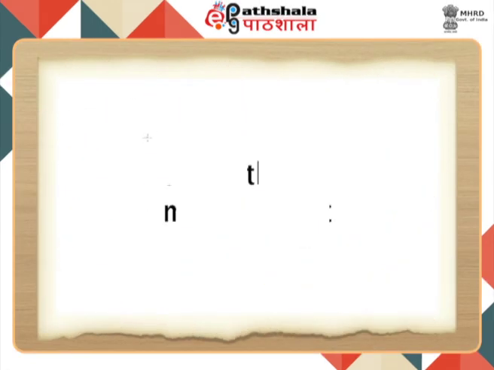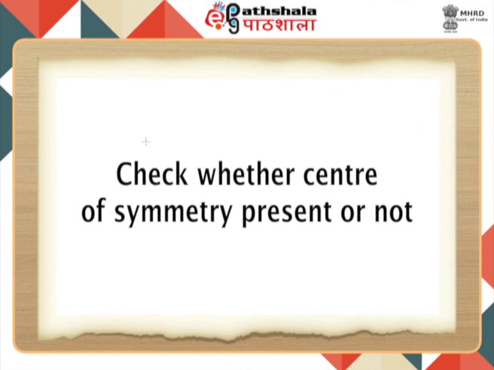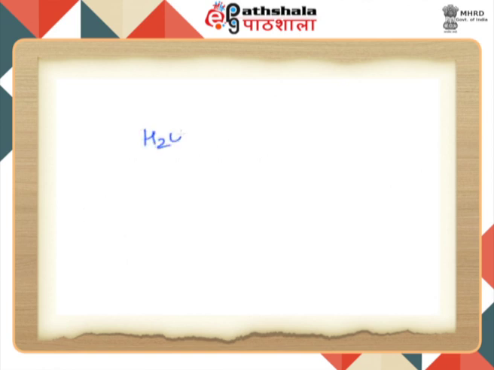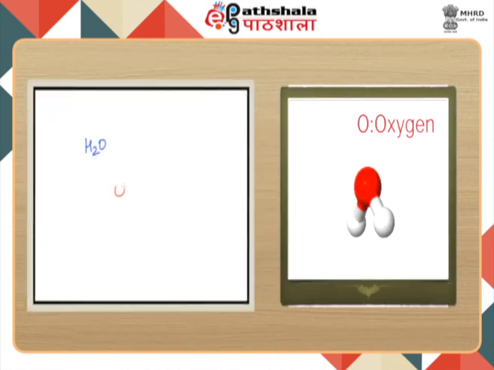Let us now try to understand where the center of symmetry is present or not present in some of the molecules. Let us first of all consider the water molecule, and as you are aware, the structure of water is bent like this, and there is no center of symmetry, and obviously there is no location of point of symmetry.